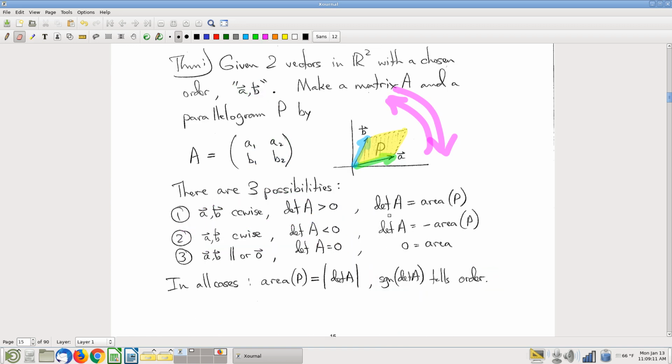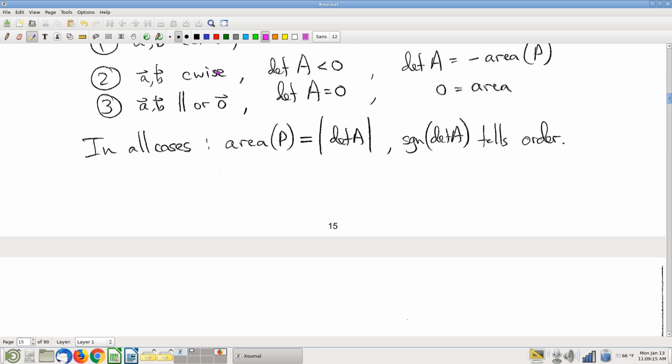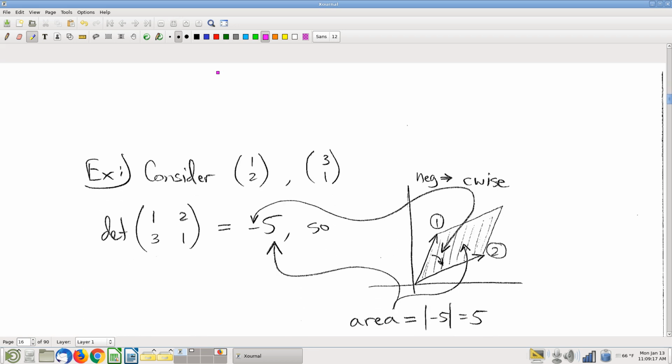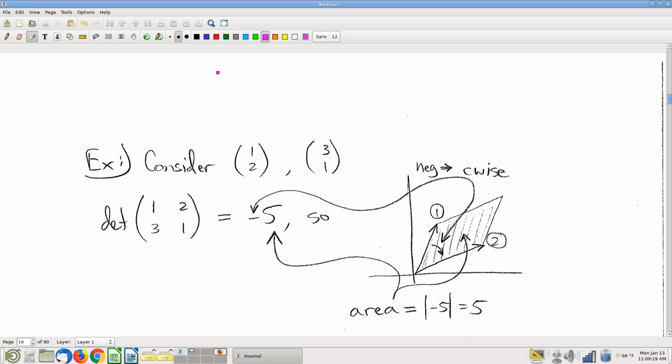So let me give you an example of this in action. Let's see here. Here you go. So here's a couple of vectors. First vector, first row. Let's draw it on the picture. Second vector, second row. Draw it on the picture.